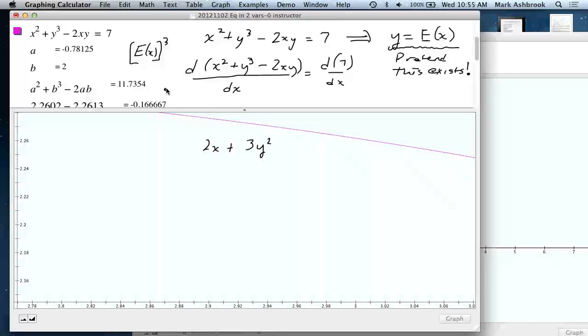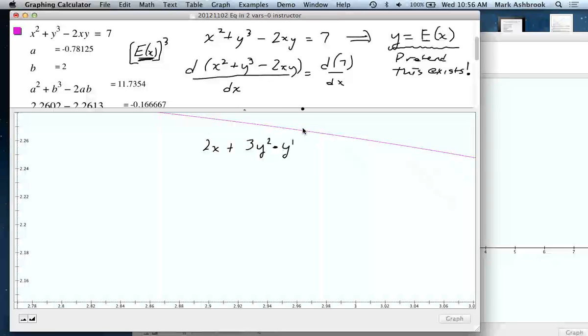Are we done? No, it's chain rule, because this is some expression of x. We don't know what it is, but we know that it exists. So times y prime, the rate of change of y with respect to x. So we have to use chain rule on that. This is our expression of x, and this is the rate of change of that expression with respect to x.